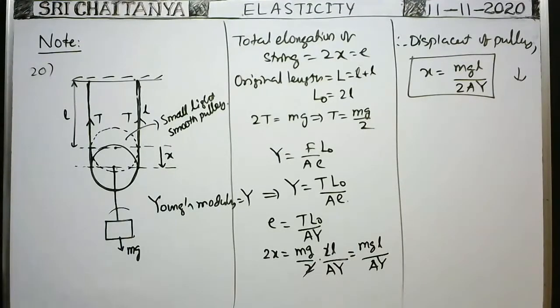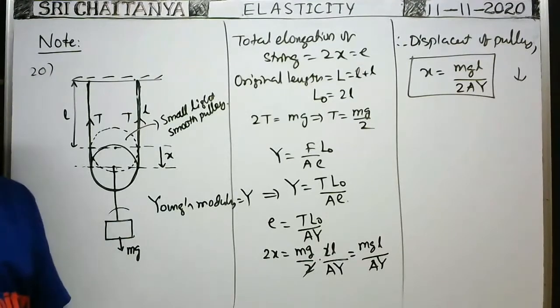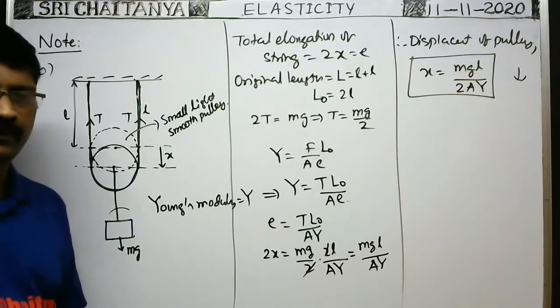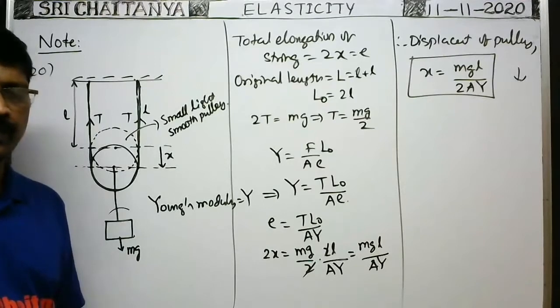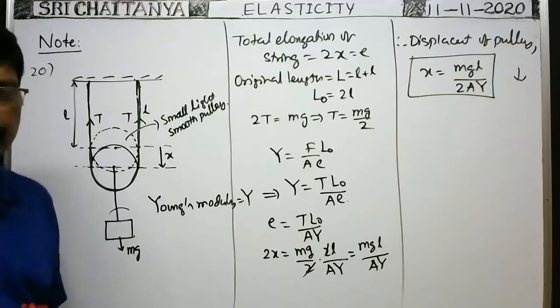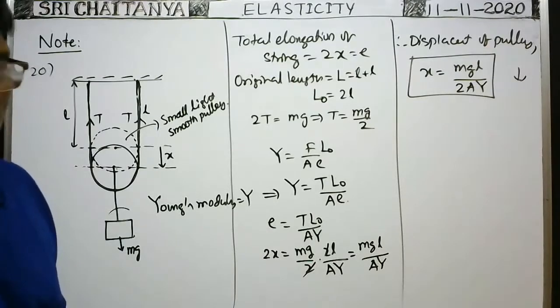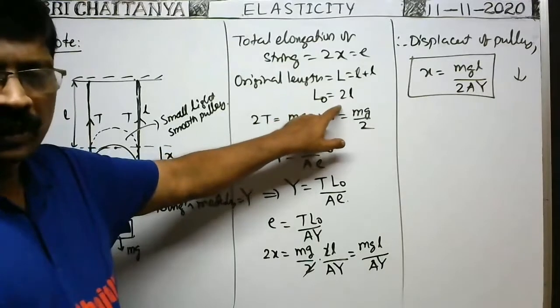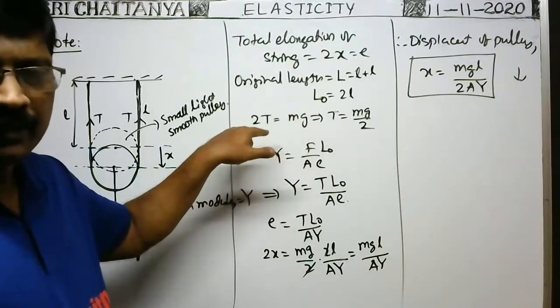Okay, next. One more example. Shall I raise this one? Total length is 2L I have taken now. Total length is 2L only.